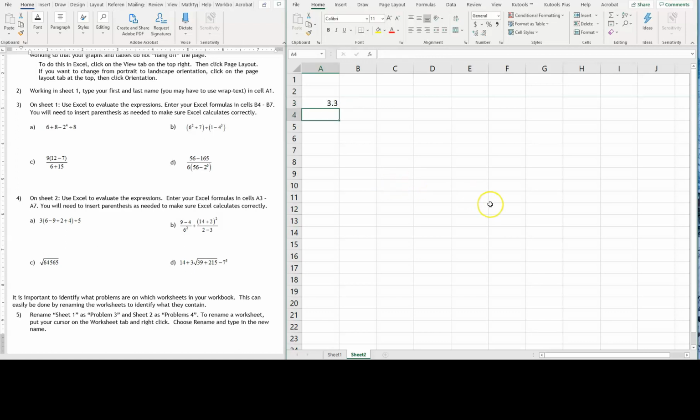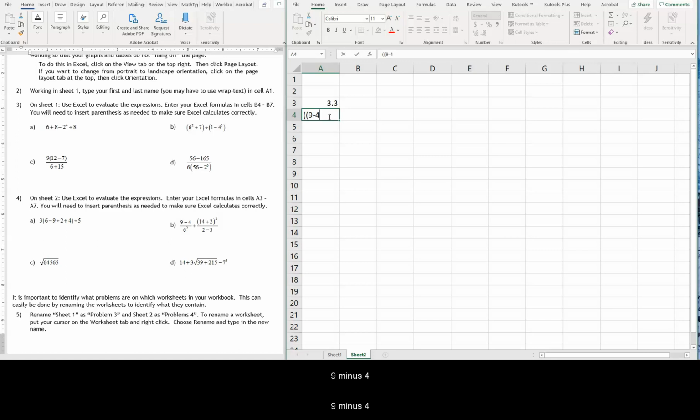There we go. Okay, so for B, notice we have 2 fractions. So each fraction is going to get its own parentheses. So we're going to have lots of parentheses in this one. So parenthesis, and then I have a parentheses for the whole fraction, but then a parentheses for my numerator.